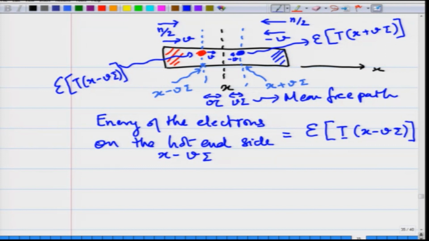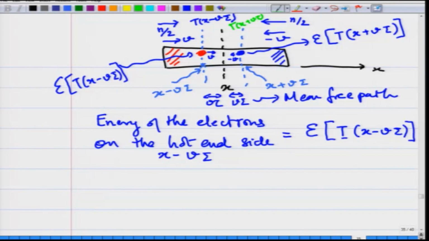However, because there is a temperature gradient across the sample, this point is sitting at a temperature of x minus v times tau, and this is sitting at a temperature of x plus v times tau, and that is the basic idea.